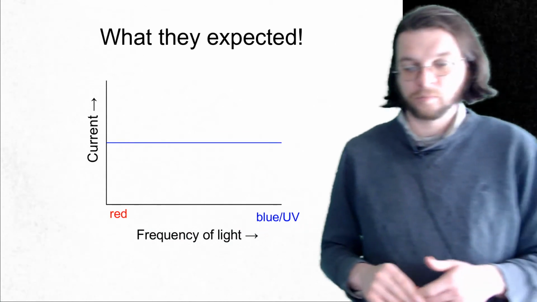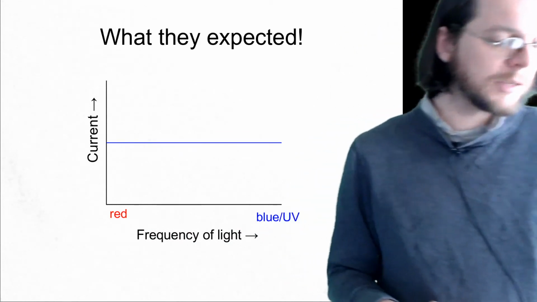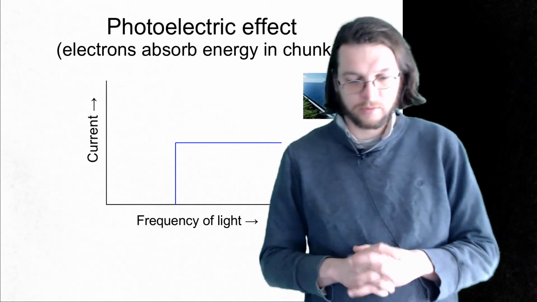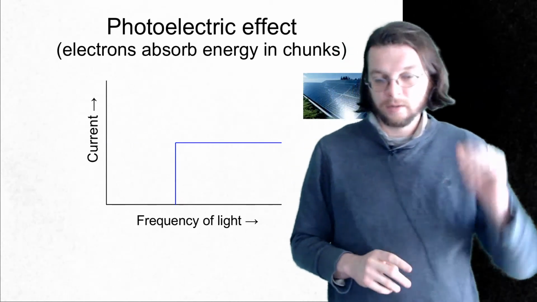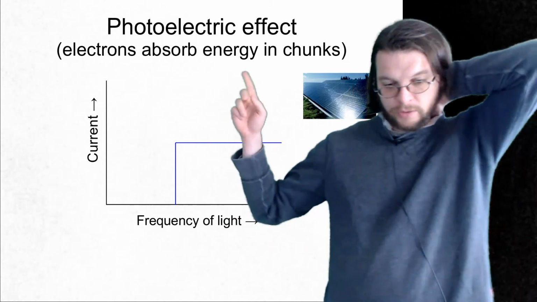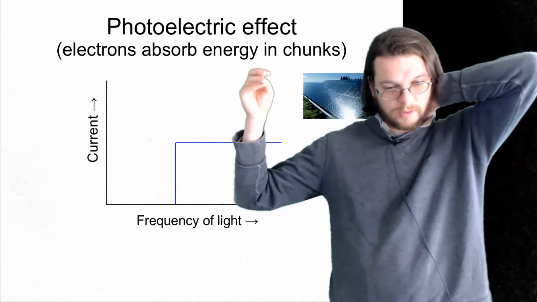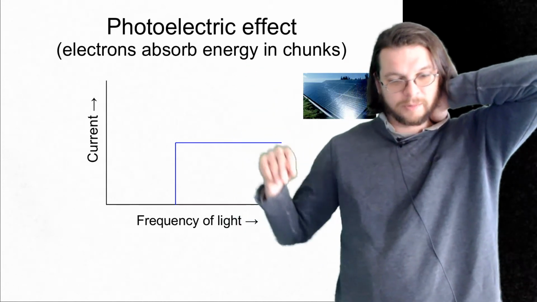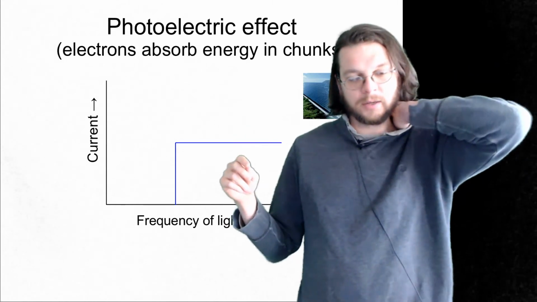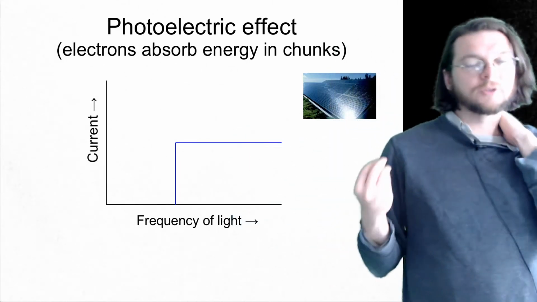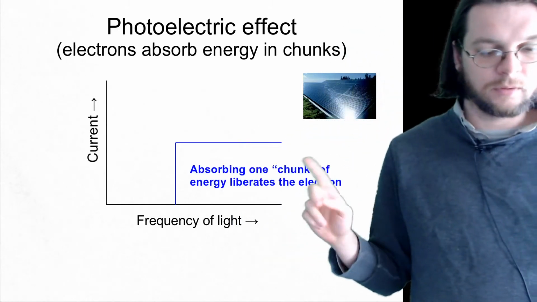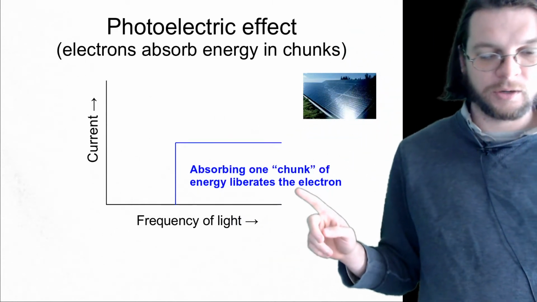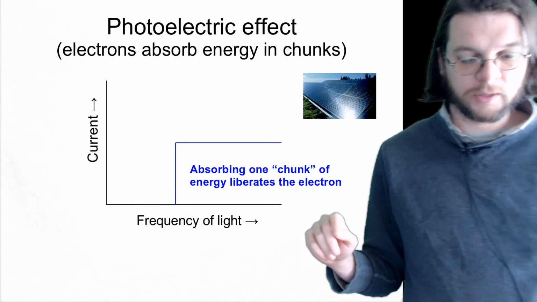So Einstein was the one that came up with the correct explanation of this, and they're calling it the photoelectric effect, as we'll talk about. What's happening is that electrons are absorbing energy from the light in chunks, and so these electrons absorbed one chunk of energy from the light.